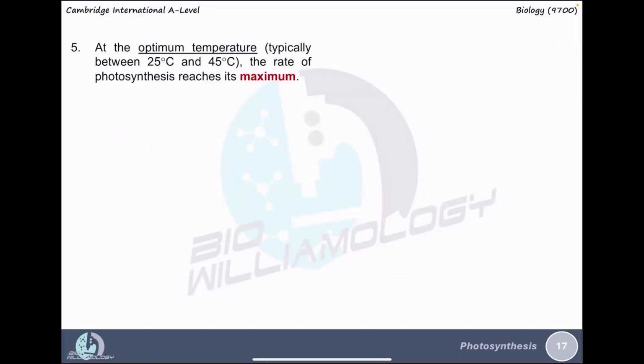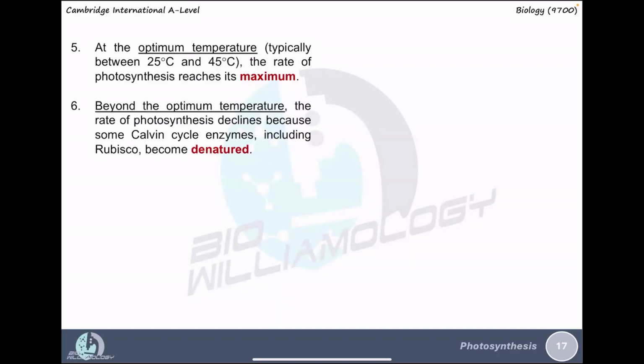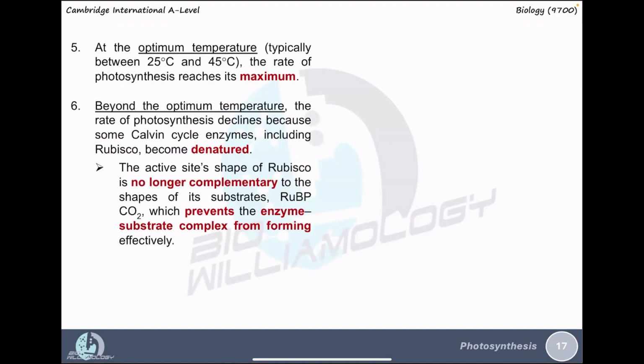At optimum temperature, typically for plants between 25 degrees Celsius and 45 degrees Celsius, the rate of photosynthesis reaches its maximum. However, beyond the optimum temperature, the rate of photosynthesis declines because some Calvin cycle enzymes, including Rubisco, become denatured. So the active site shape of Rubisco is no longer complementary to the shape of the substrates, RuBP and CO2, and this prevents the formation of enzyme-substrate complexes.